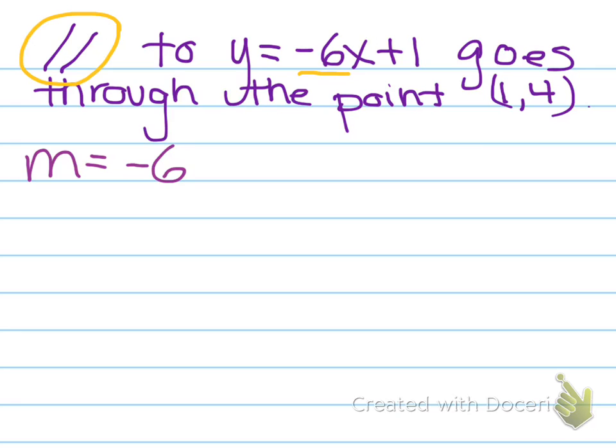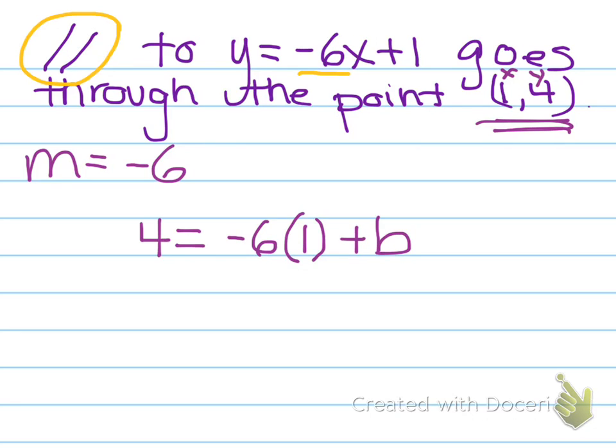But now, instead of picking between 2 points, we're going to borrow these 2 points. Or I'm sorry, this 1 point, these 2 values, this x value and this y value. So I'm going to write 4 equals -6 times 1 plus b. Again, we're using our y equals mx plus b formula.